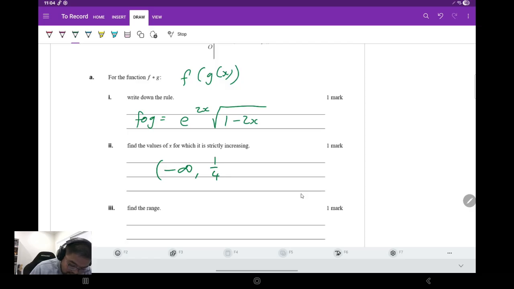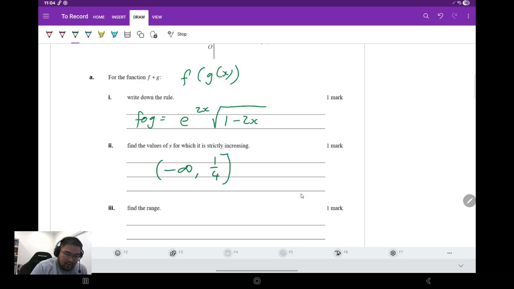But the question is, do we include the quarter or do we use round brackets? Now in this case, I would suggest that we use square brackets for this one, because when we're talking about strictly increasing, it's all based on the previous value.